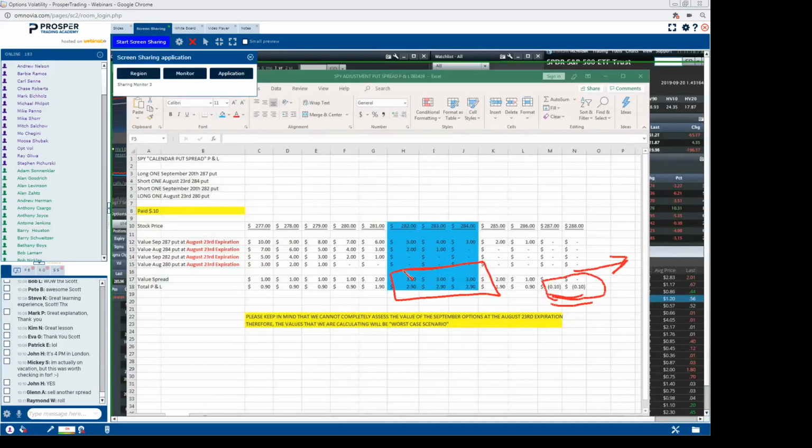So that was one of the other reasons why I selected next week's options as opposed to going out to August 30th or September 6th or whatever it was, because it gives us that opportunity. So much flexibility.